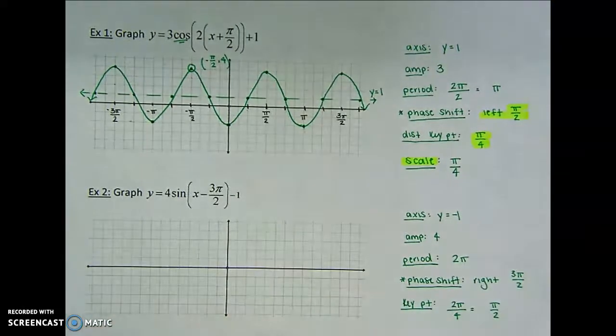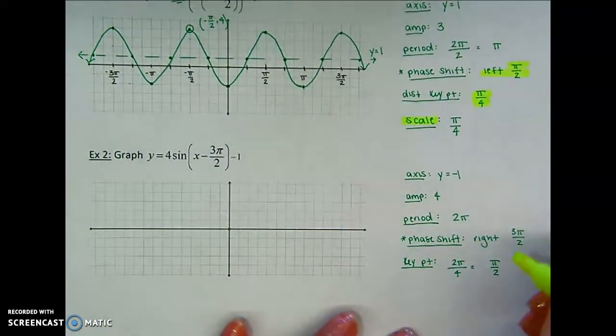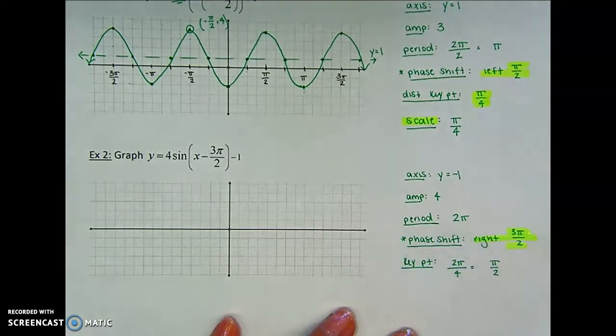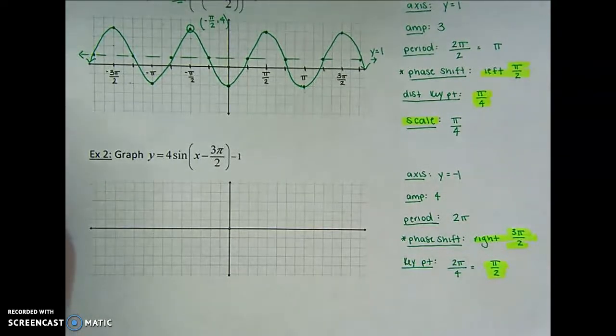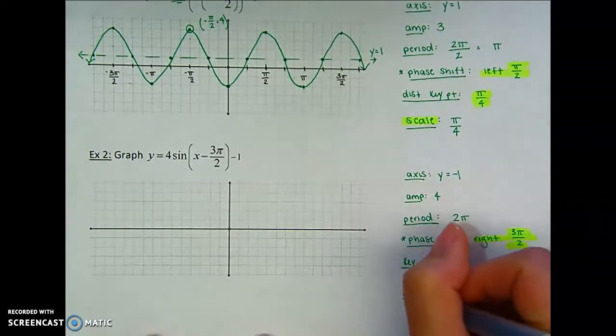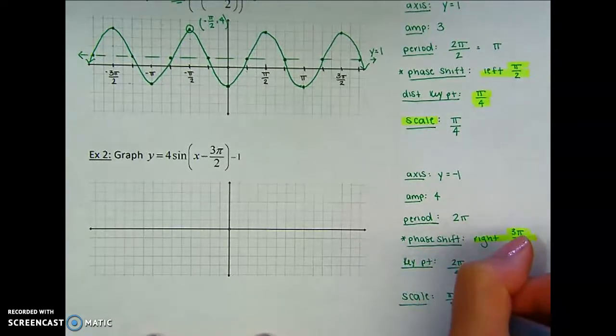So then, to determine the scale, because we have a blank x-axis, we look at our phase shift, and we look at our distance between the key points, and we come up with a common denominator, which for this case is just pi over 2. So that's really nice.